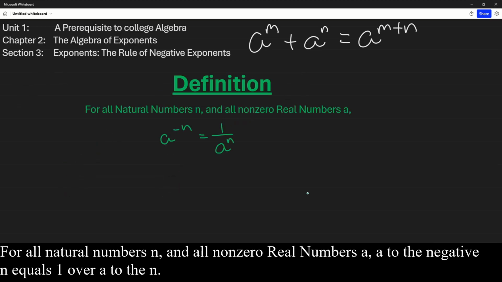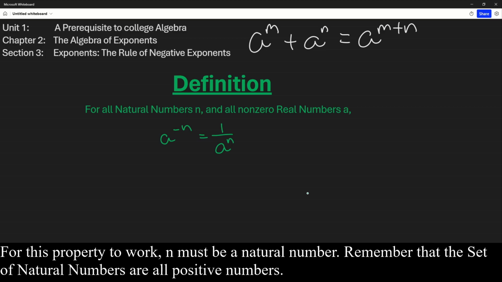For all natural numbers n and all non-zero real numbers a, a to the negative n equals 1 over a to the n. For this property to work, n must be a natural number. Remember that the set of natural numbers are all positive numbers.